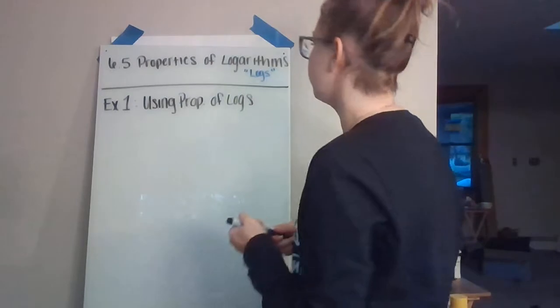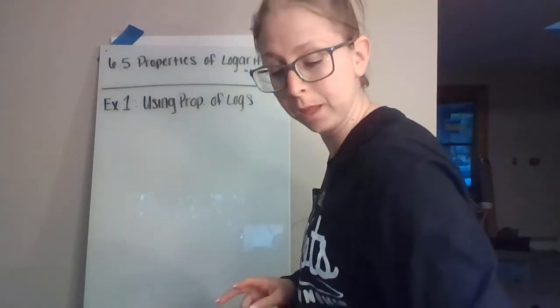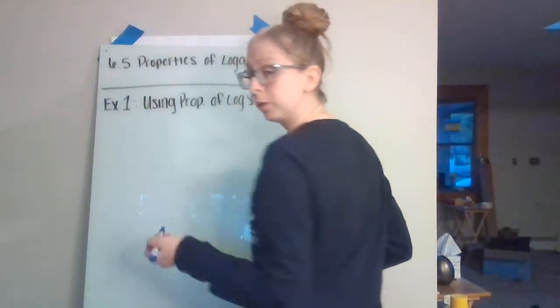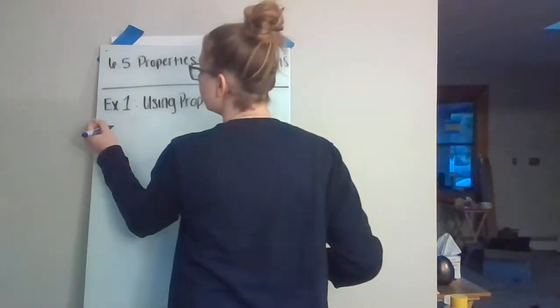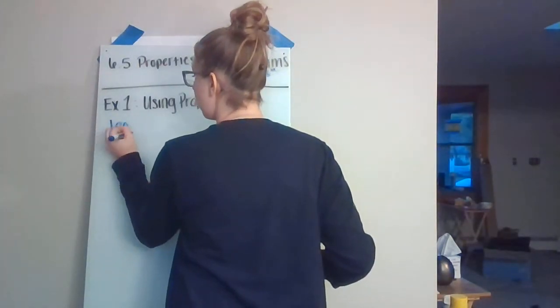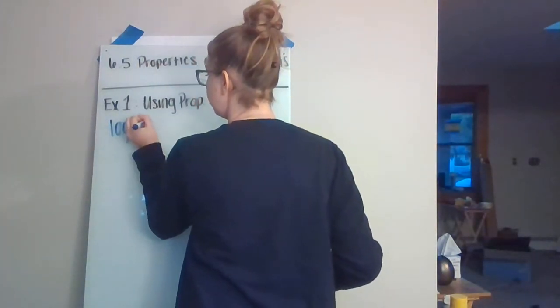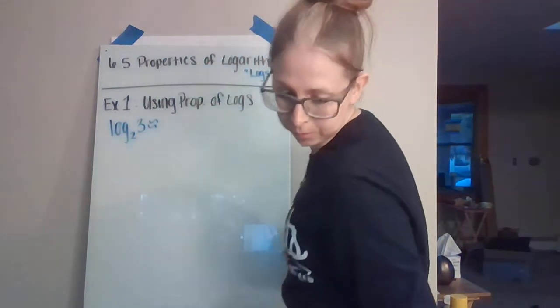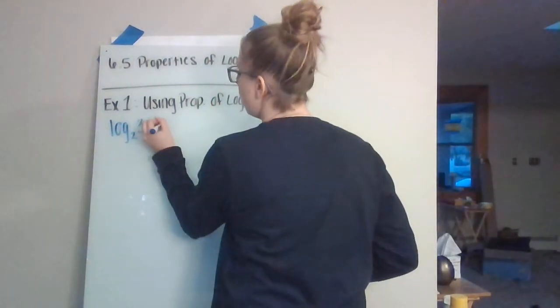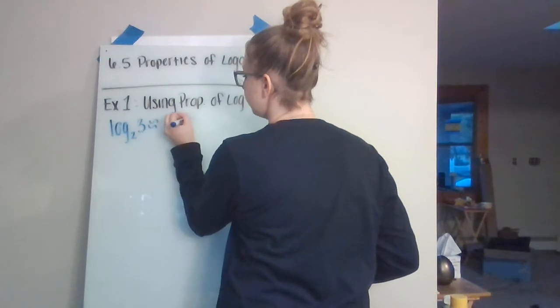So I'm going to give you two things here. I'm going to tell you, and if you were to put this in the calculator, you would get the same thing, that log base 2 of 3 is approximately 1.585.